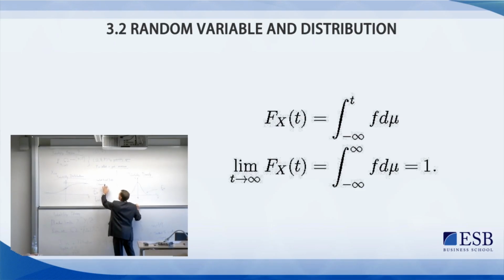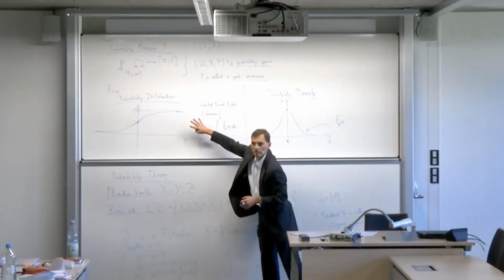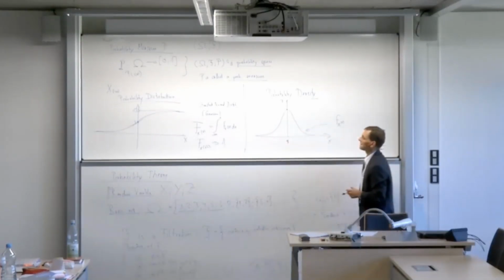We can keep the x as our integration variable. So if we integrate from minus infinity until a certain event, that gives me the probability distribution function. In other words, the integral of this is this, and the derivative of the distribution gives me the density.